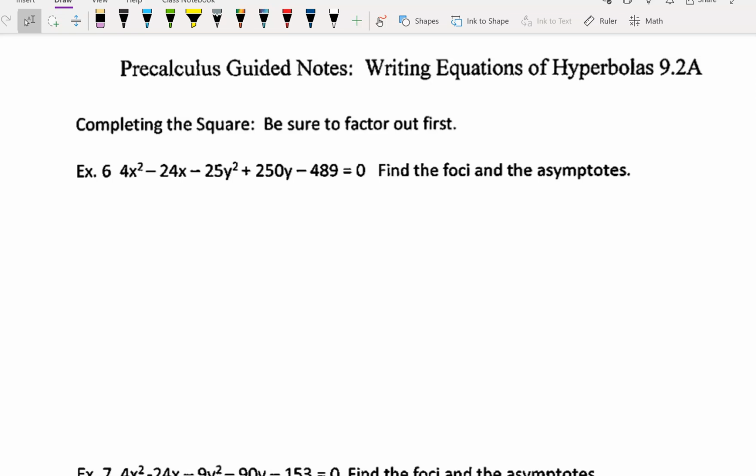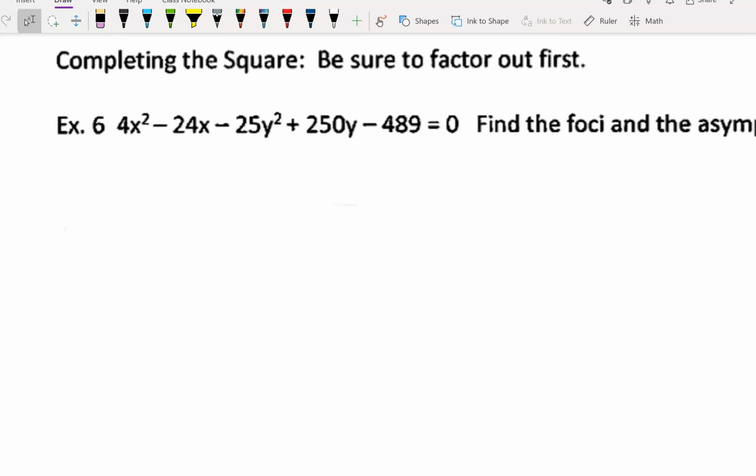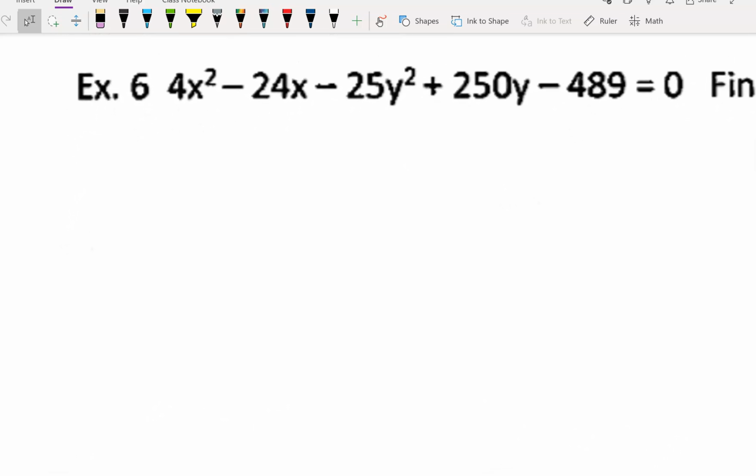The strategy that we're going to use is completing the square. I know Mr. Leisman went over this with you guys in the previous videos, and it's the same idea, except we're doing this with hyperbolas and not ellipses this time. The same idea applies. So we are going to group this so that we have the x's together.